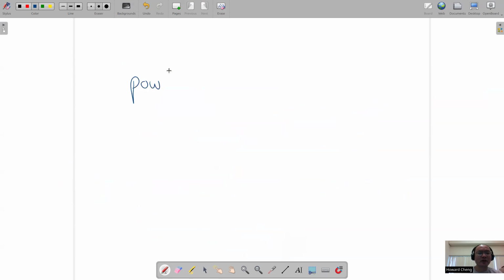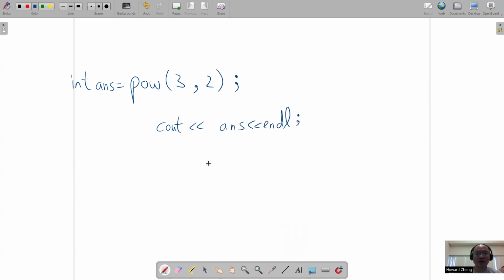Someday I can tell you more about the story that once upon a time I wrote this code. Let's say answer equals pow(3, 2), and when I print cout answer, what do we get? Those of you that have heard me tell the story know what the answer might be. When I printed that out one day, it was 8. Why?